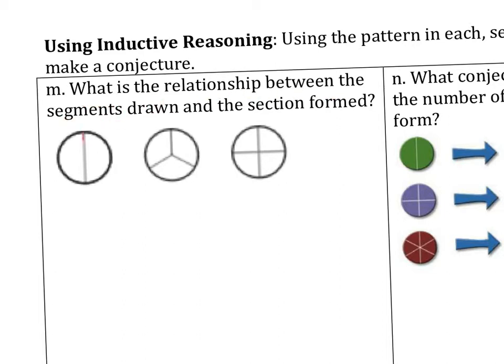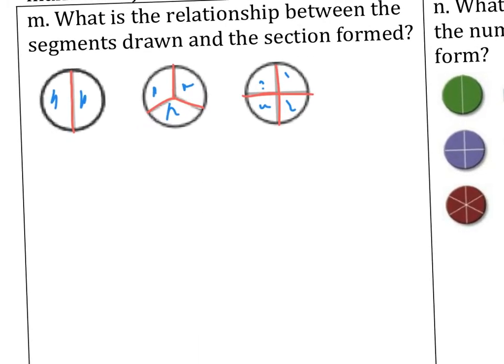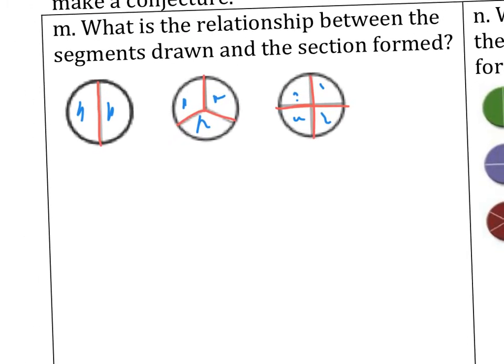So when I say segments drawn, this is a segment, these are segments, these are segments here, and the sections formed. So here's a section, etc. So what we're trying to figure out is if there is a direct relationship between the red segments and the blue sections in my diagram here. So let's see.